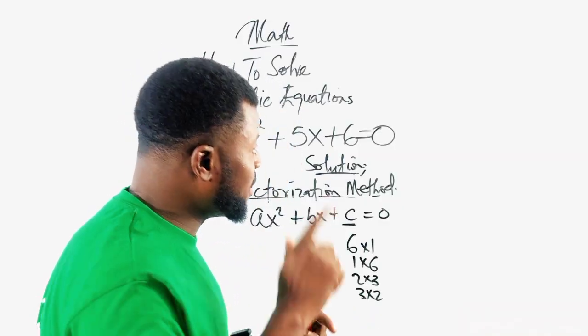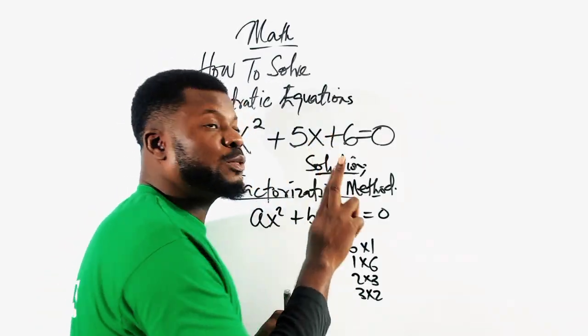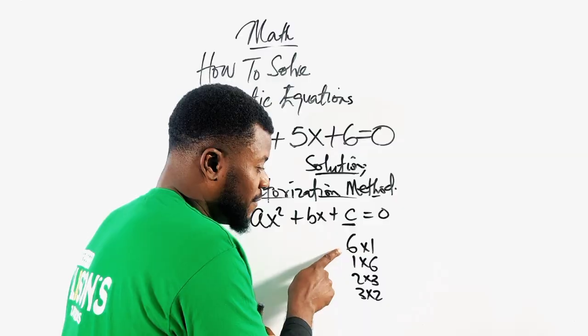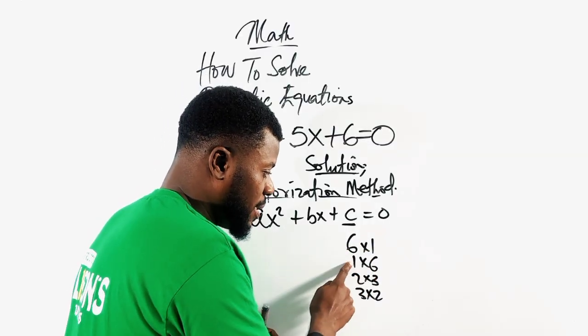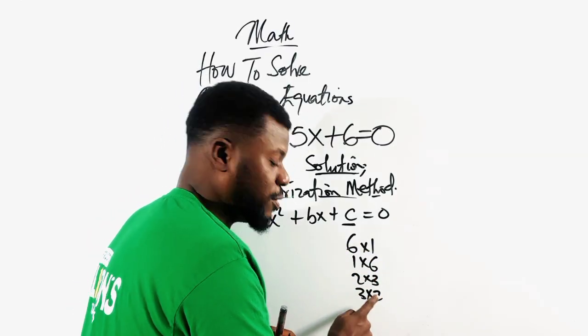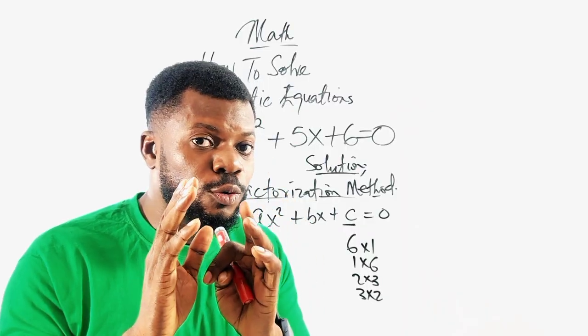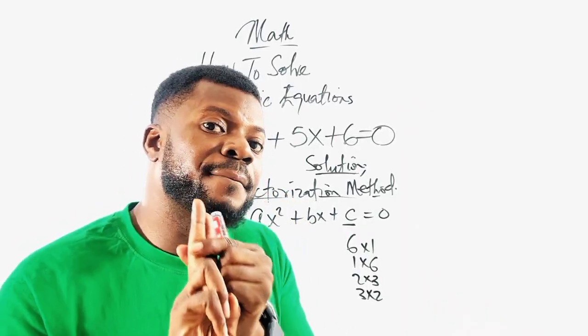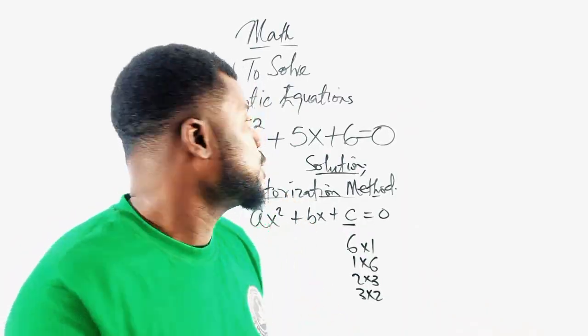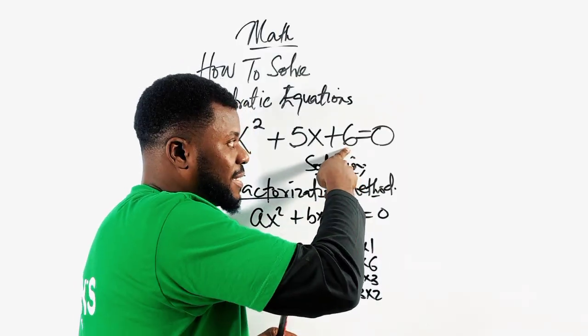Let's do it. At the first stage, we have two numbers we will multiply: the first number and the second number. Listen to the condition: two numbers that, if you multiply them together, give you your c, which is 6.